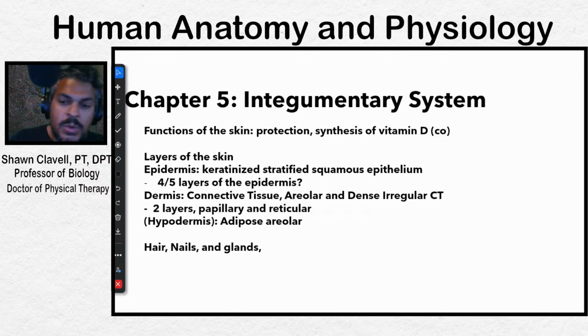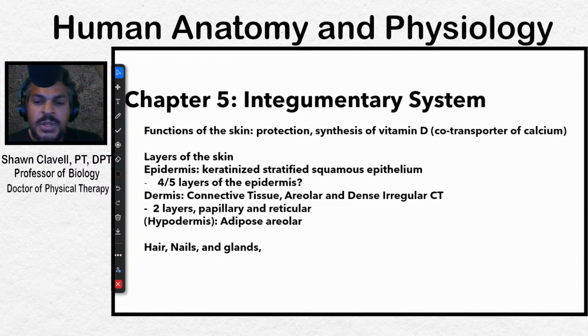So it's a co-transporter of calcium. For good calcium absorption, we require vitamin D, which is synthesized by the integumentary system, or the precursor is synthesized by the integumentary system as a response to the sun.